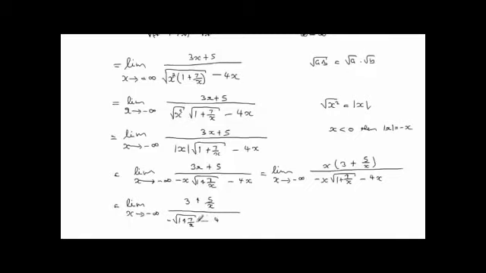Now, if you look at the manipulation which we've done here, we're again driving towards having some kind of expression which is 1 over x, which we noted tends to 0 as x tends to plus or minus infinity, which we have there and there, because 5 and 7 are constants.